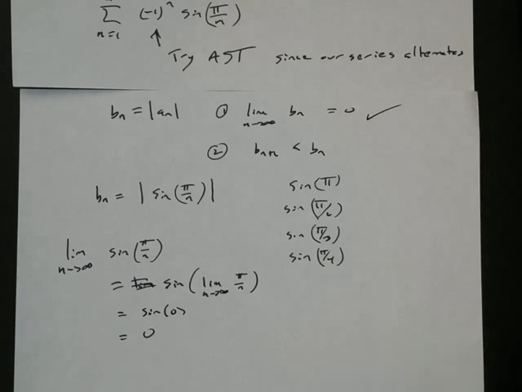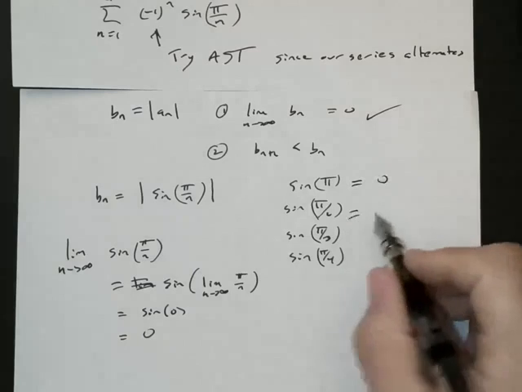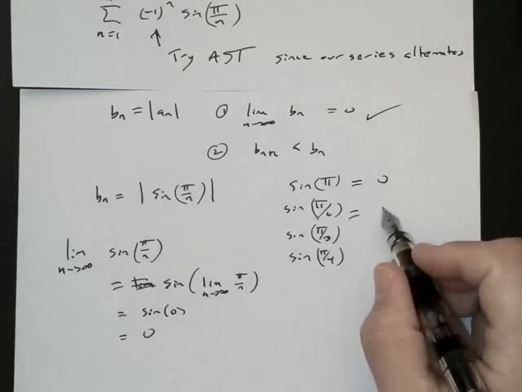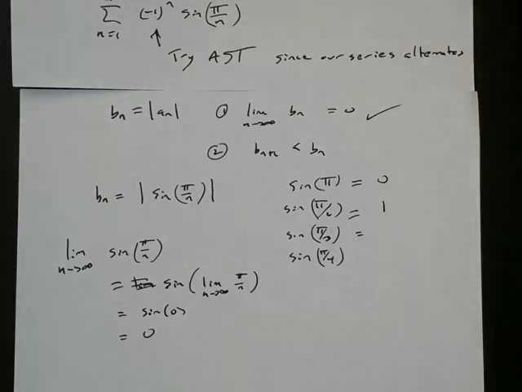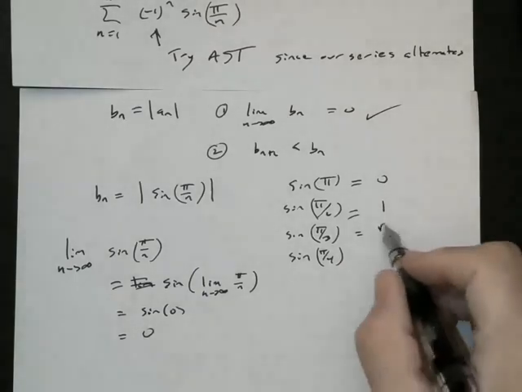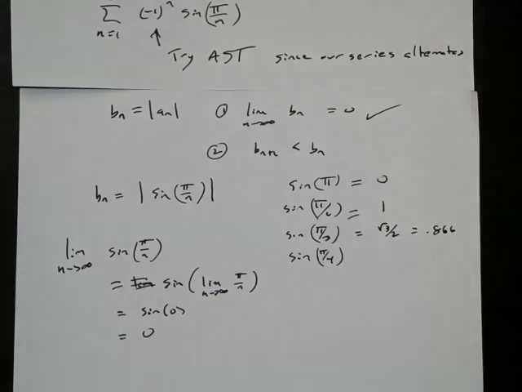And now I need to talk about decreasing. Wait a minute, what's sine of pi? That's 0. And sine of pi over 2 is 1. Sine of pi over 3, which is like 0.866 or something like that.